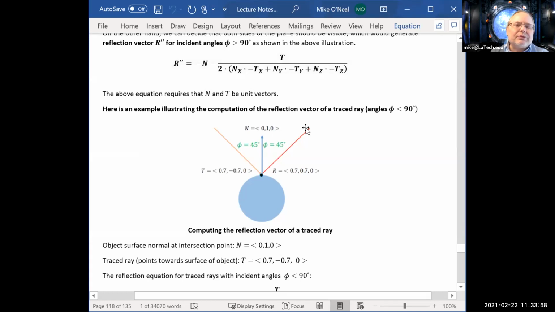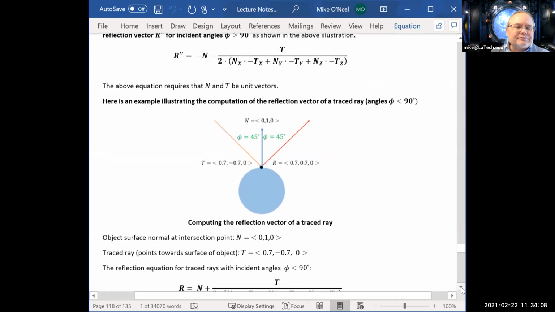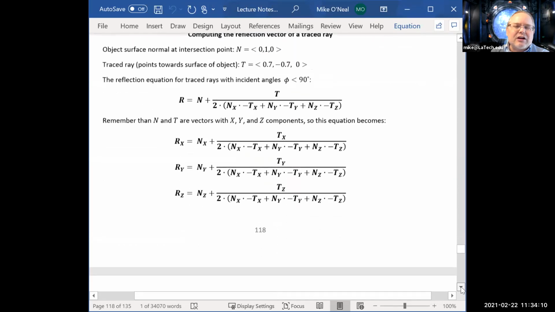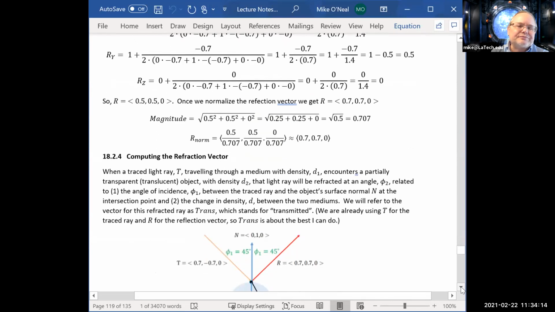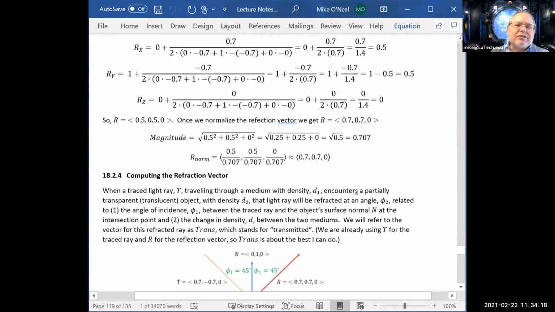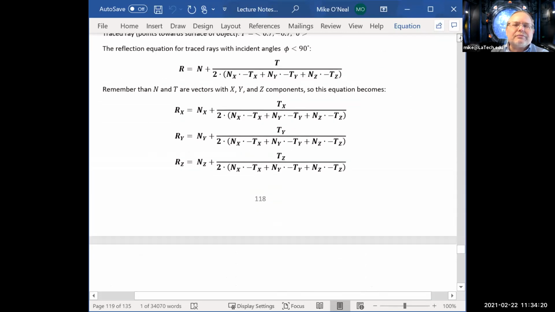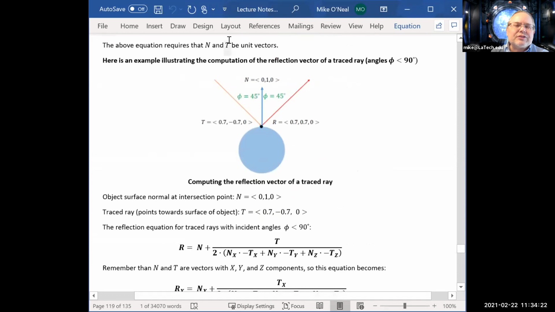And so then I worked through a complete example of a computation of the reflection vector for a traced ray where the angle is less than 90 degrees. I grind through the math, and that all matches with what is here.